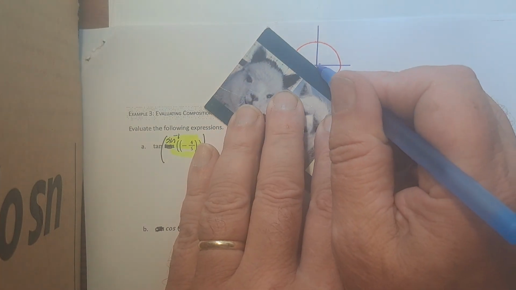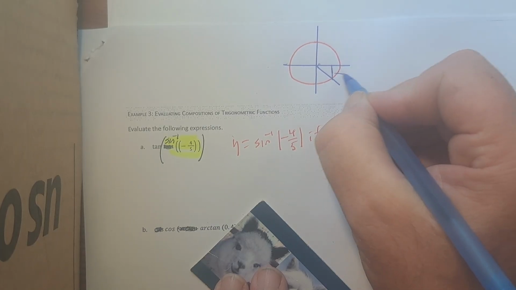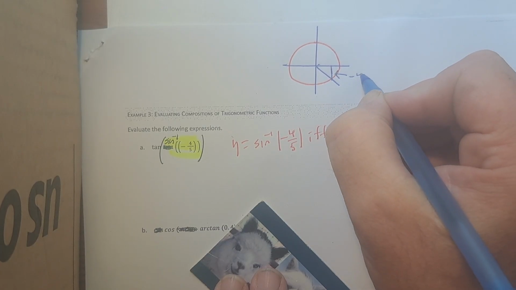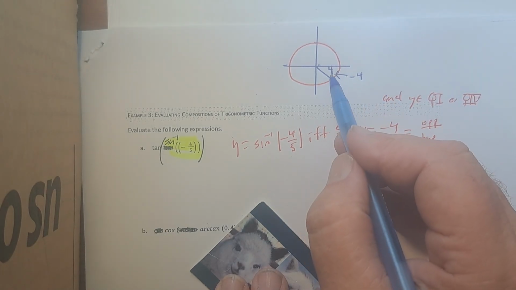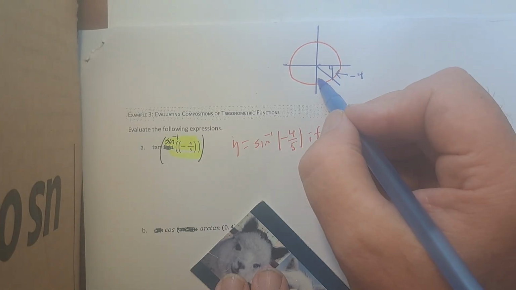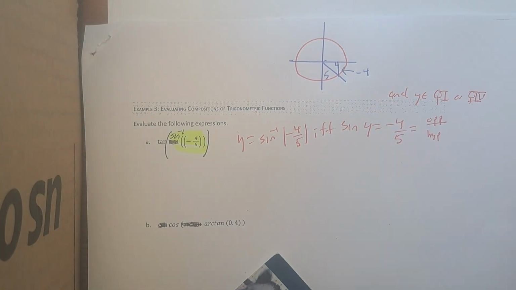So there I'm in the fourth quadrant now. This guy is -4, because that would be opposite. And this guy is 5, because that's the hypotenuse. And then I don't know the adjacent side, but I can figure it out using Pythagorean's theorem.